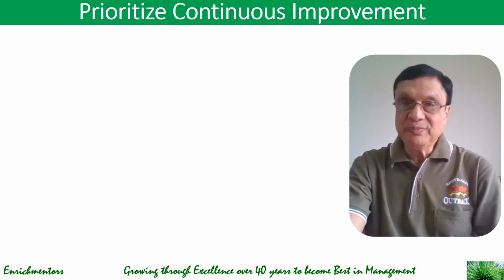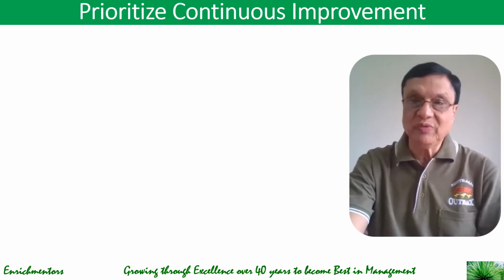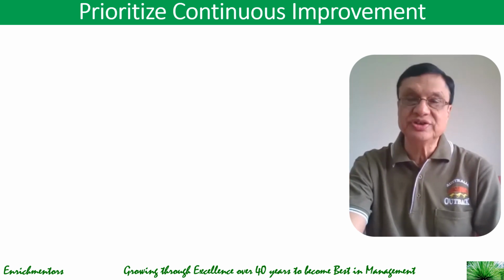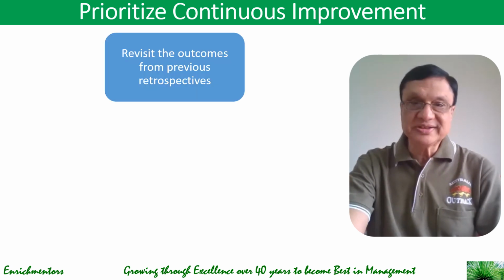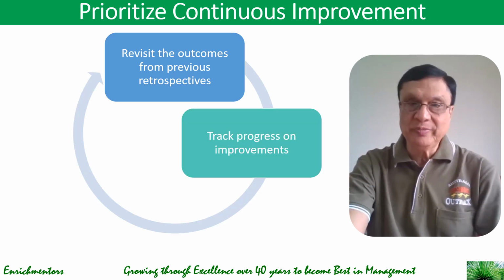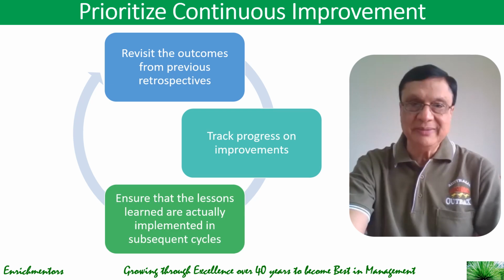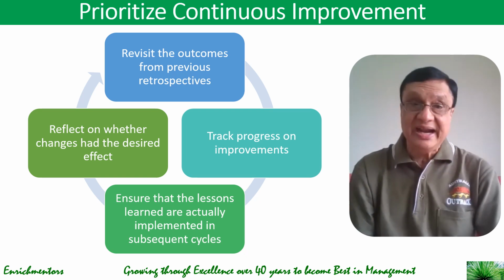Prioritize continuous improvement. Treat retrospectives as a part of an ongoing process of evolution and improvement, not as a one-time event. Revisit the outcomes of the previous retrospectives to track progress on improvement, ensure that lessons learned are actually implemented in subsequent cycles, and reflect on whether the changes had the desired impact.